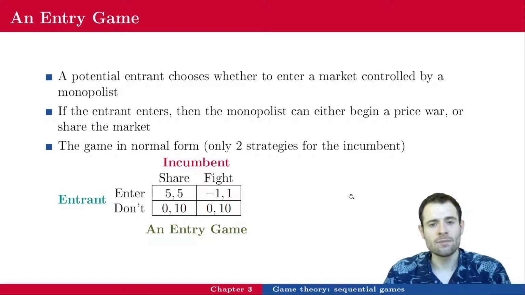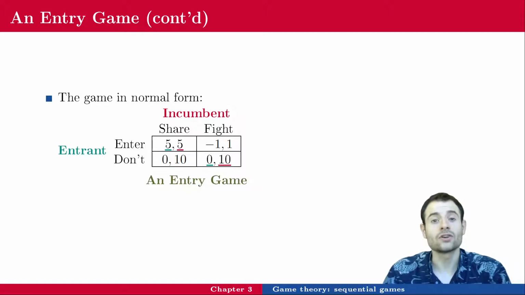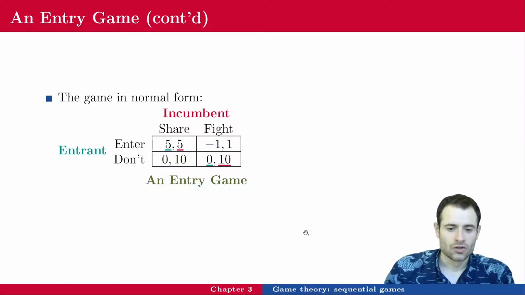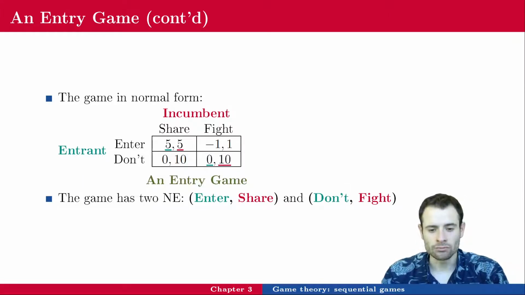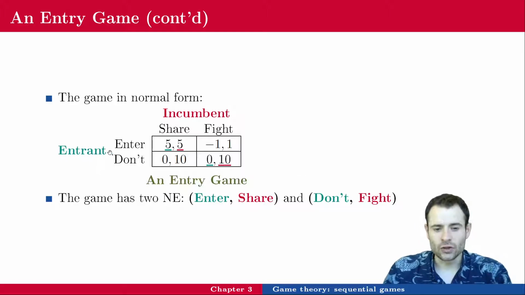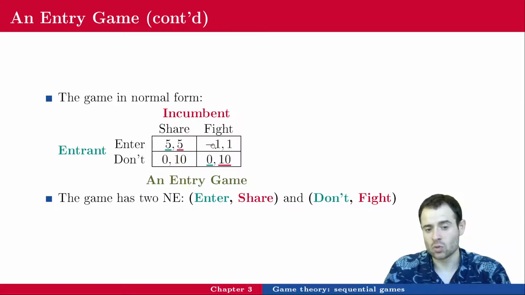Let's represent this game in extensive form. Oh, well, first, let's check the Nash equilibria. If you just do the cell-by-cell inspection, you get 2 Nash equilibria. The entrant enters, and in this case, the incumbent shares. And if the incumbent fights, then the entrant would rather not get in because he would get no profit as opposed to -1.